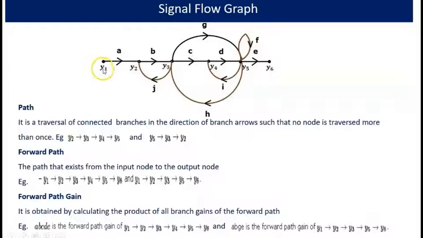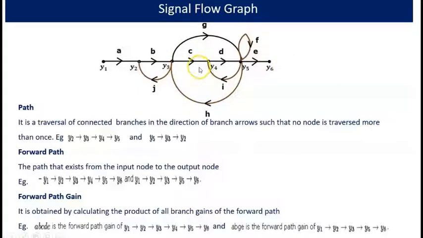Then forward path. It is the path that exists from the input node to the output node. So in this diagram, y1 is the input node and this is the output node. So y1, y2, y3, y4, y5, y6 is a forward path.